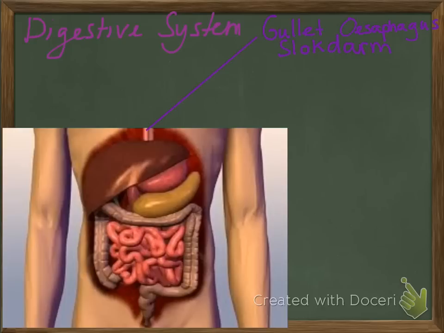In Dutch we call this the slokdarm. In English we usually use the word gullet or esophagus. Your esophagus has this specific movement which pushes food down, so food doesn't come back up too easily.